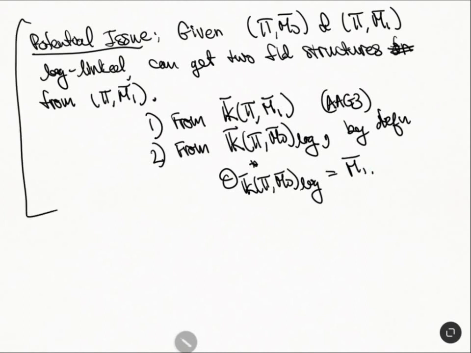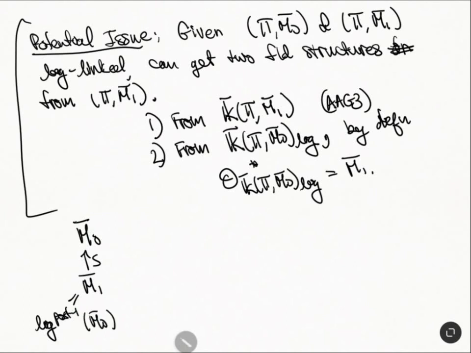So we want to show that these two things are related, okay? And so let's write down what's going on. We have m0, and we know that this is isomorphic to m1 bar via log post, and this is actually equal to log post inverse of M0 bar.